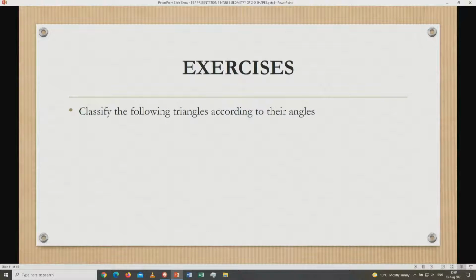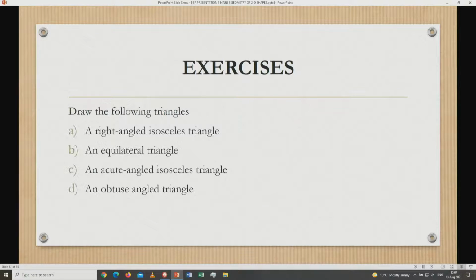Right. I'm hoping we are still together, guys. It was a heavy, long work that we have just done there. Now, let us get to the third exercise, where it says draw the following triangles: a right-angled isosceles triangle.